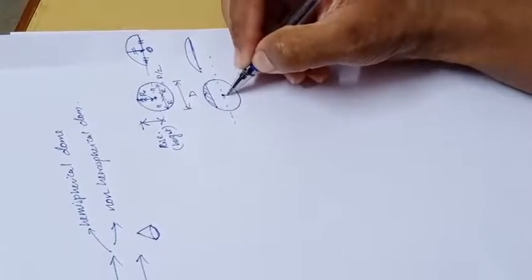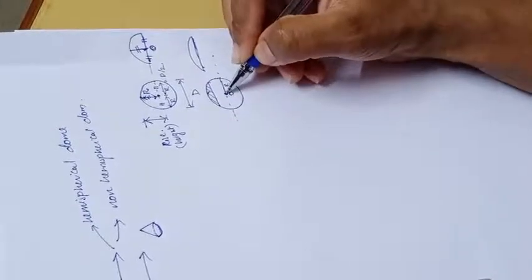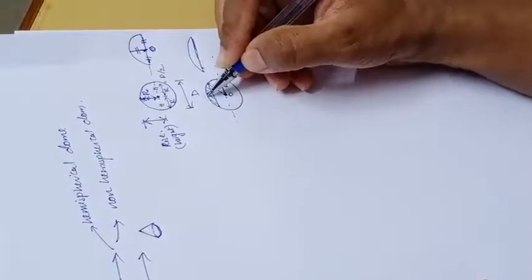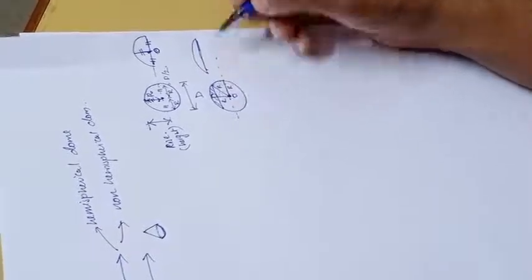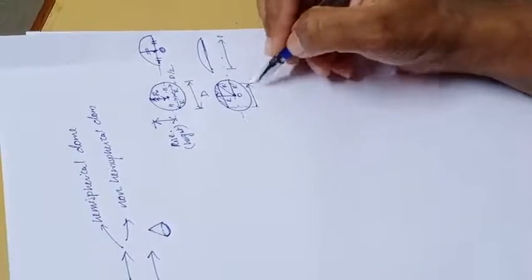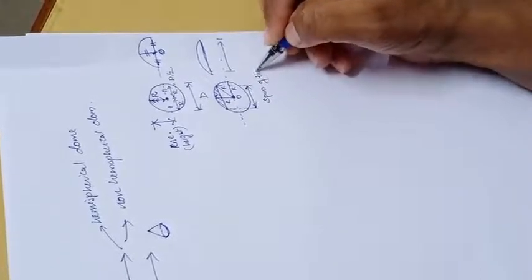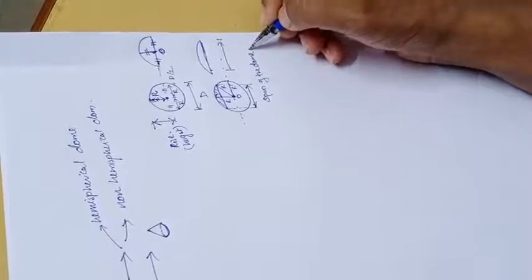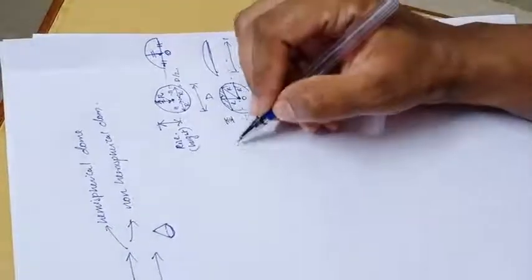If this is the center of the sphere, and this is the radius, and this is also the radius, and this distance is also a radius, then this dimension is the span of the dome, and this is the rise or height of the dome.